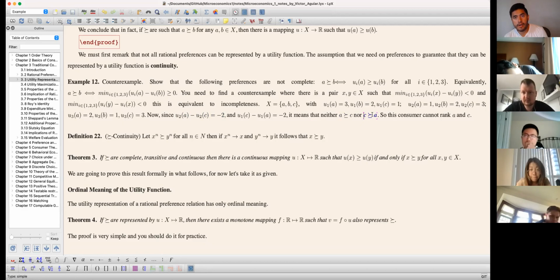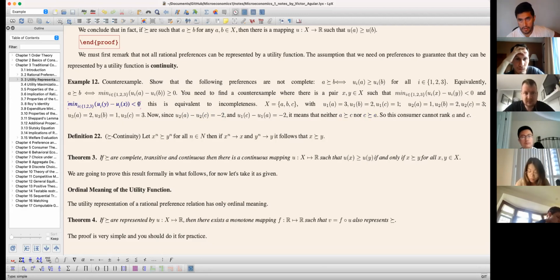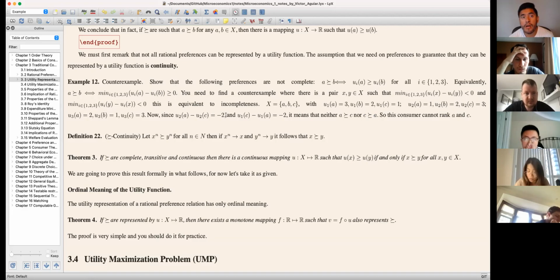So basically, I just have to find one utility such that the difference between A and C is strictly negative, and another utility such that the difference between C and A is strictly negative. So that is a guarantee that when taking the minimum, I will always have a negative value, and hence I will never be able to rank A and C. So this particular decision maker doesn't know how to rank A and C.